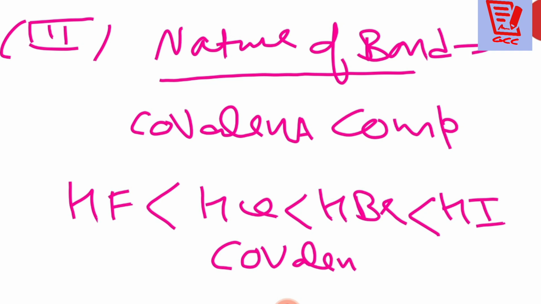Covalent character increases. Why does the covalent character increase as we move down the group? Yes, because their size is going to increase, and when the size is going to increase, then forces of attraction is also going to be increased. Or you can say simply covalent character increases down the group.